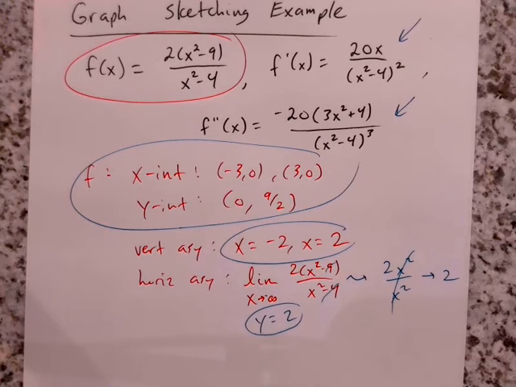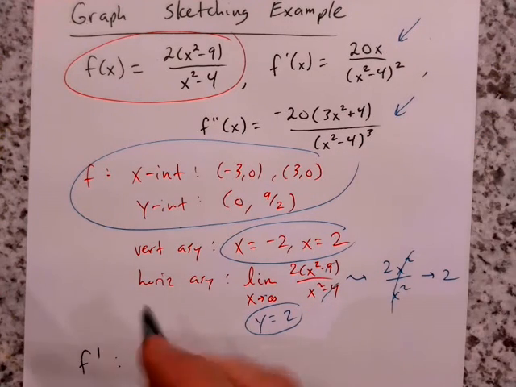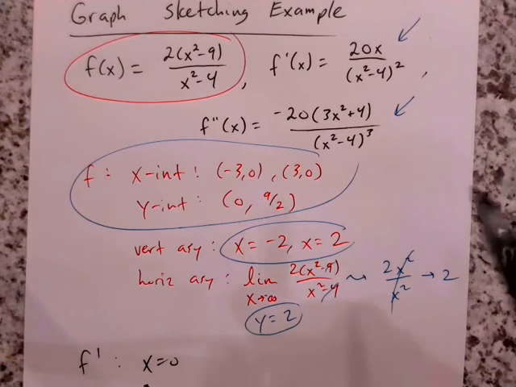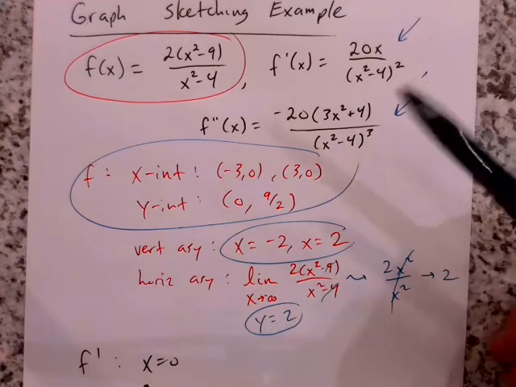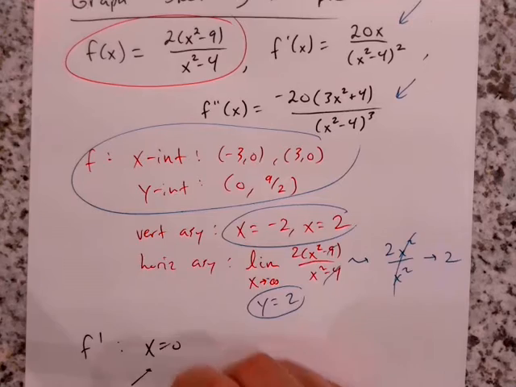Next, f prime. From f prime, all that we do right now is just get the critical numbers. The top is 0 at x equals 0. So x equals 0 is the critical number. That is where the slope is 0. F prime does not exist when the bottom is 0. That's at 2 and -2.